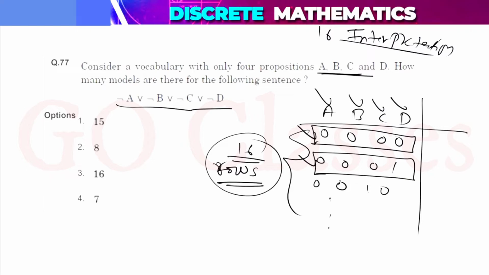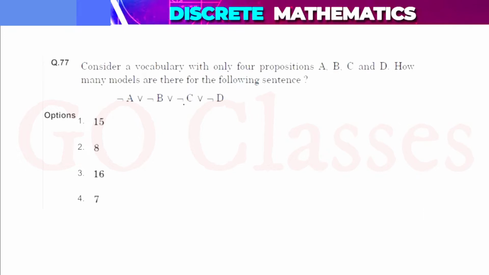Now, those interpretations for which this formula will become true will be called models for this formula. Now let me look at this formula.